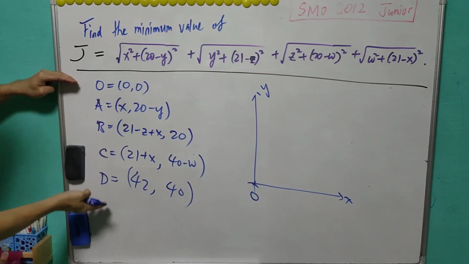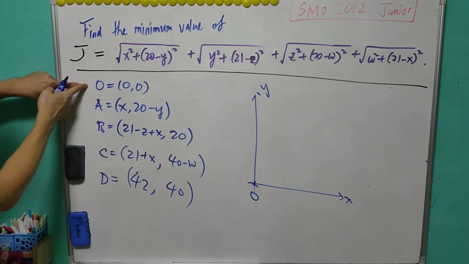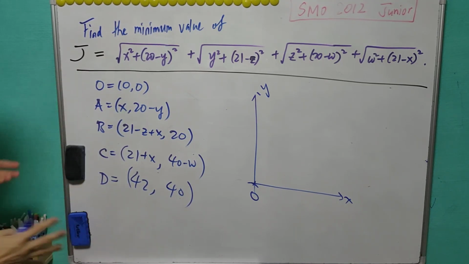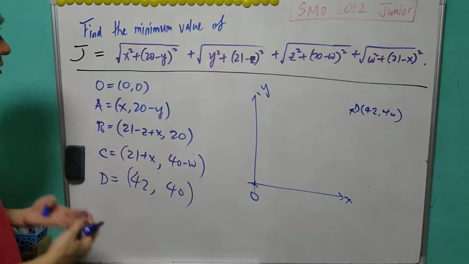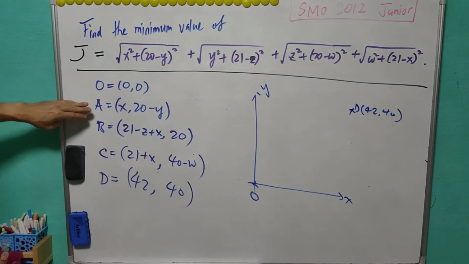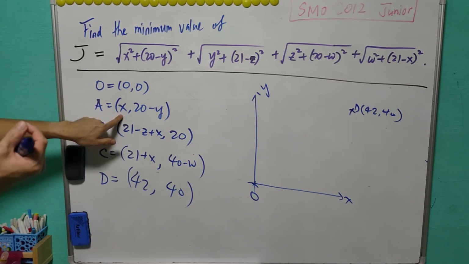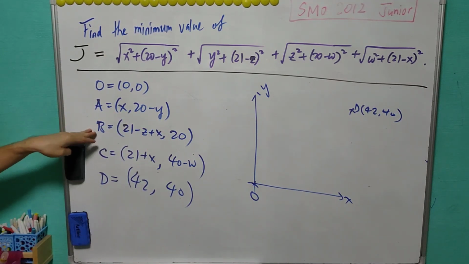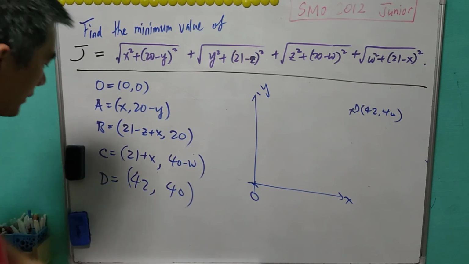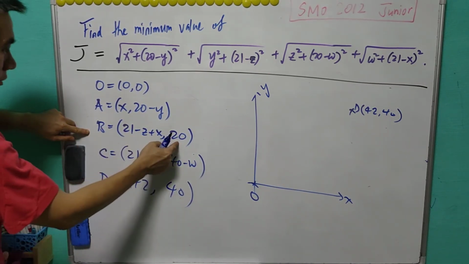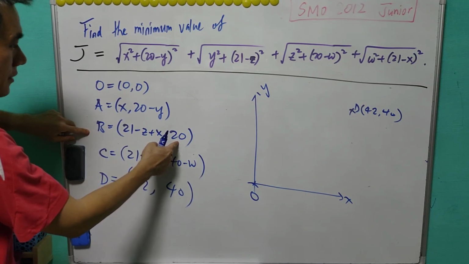We can see from here that out of these 5 points, the point O and the point D are two fixed points. O and D, this is somewhere here. These are two fixed points. Whereas A will be determined by the values of x and y, and B will be determined by z and x, and C will be determined by the rest. For the point B, the y coordinate is fixed, that is 20.